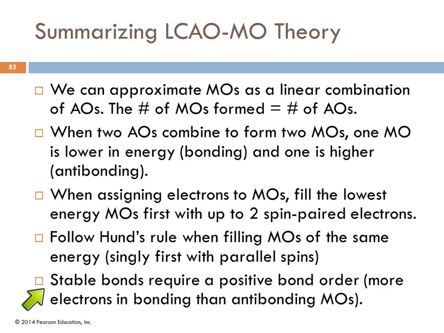And in order to have stable bonds, we have to have a positive bond order. That means there are more electrons in the bonding orbitals than in the anti-bonding orbitals. Bonding orbitals contribute to the bond forming. Anti-bonding orbitals work against the bond forming.